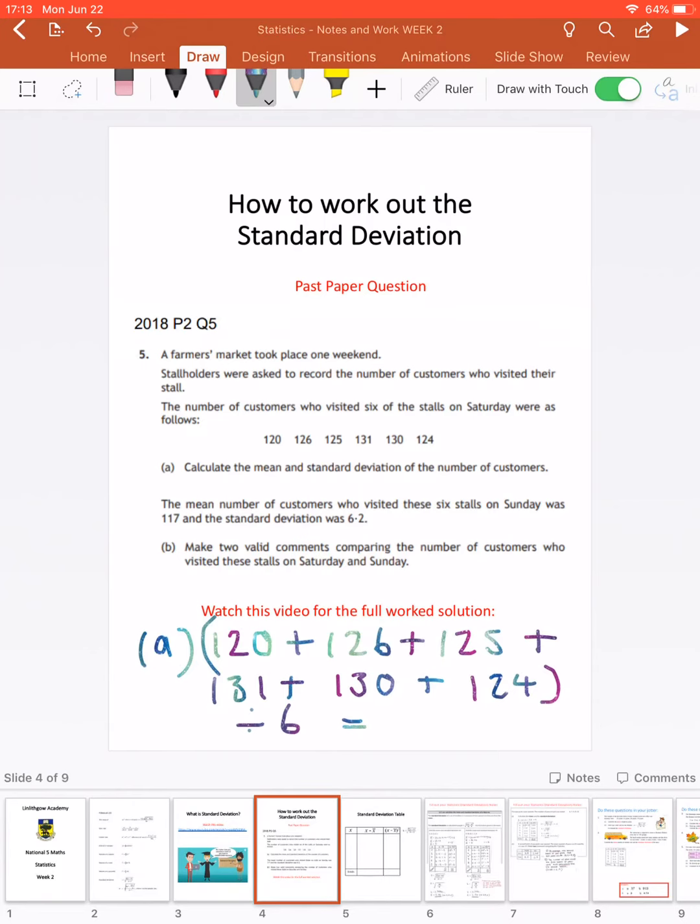So I shall do this in the calculator as you would in a main exam. These questions do take a while, but they're worth a lot of marks, so you want to make sure you take your time and get full marks.